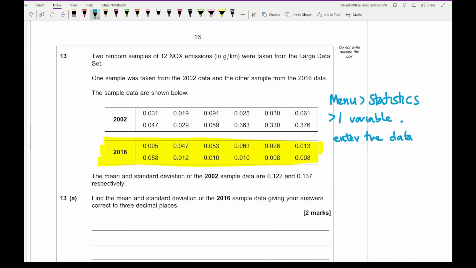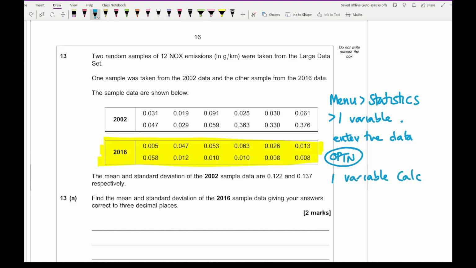Now don't worry if your calculator displays your number in standard form. It's just the way that the calculator handles certain numbers, so don't worry too much about that. And once you've done that, press the option button on your calculator, and then select one variable calculation.